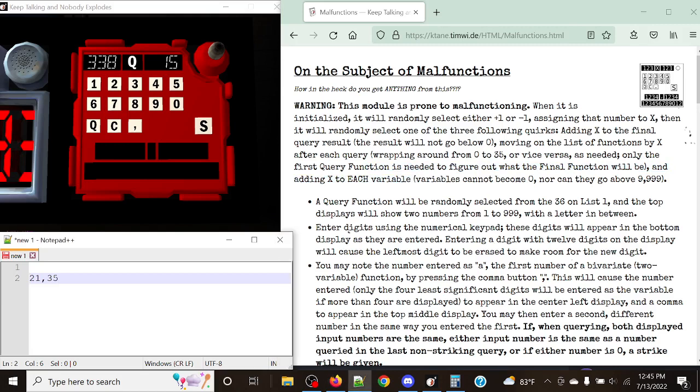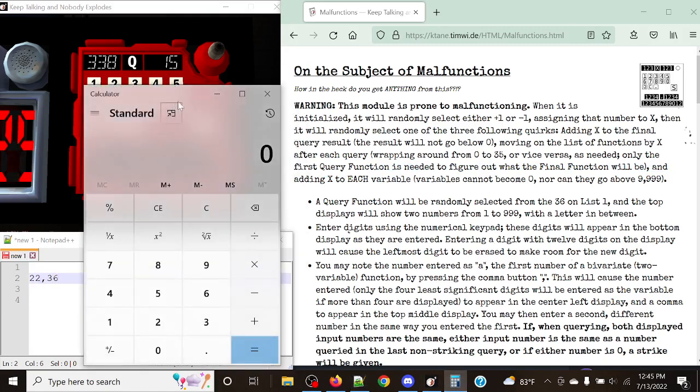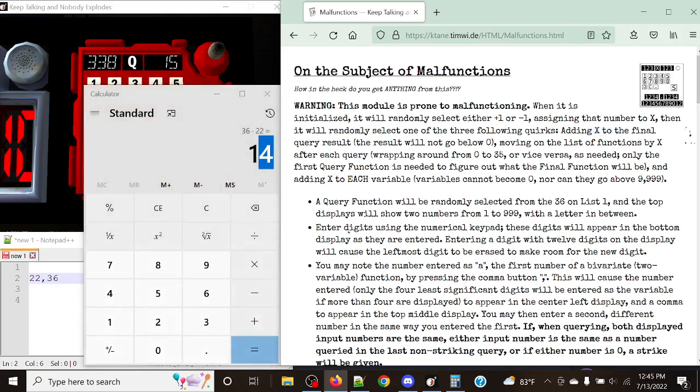It has the possibility of, for example, say this happens to be 22 by 36, and if it was the larger modulo smaller, 36 mod 22, it gives us the result of 14. What can also happen here is this could be simply 15 or 13, in this case adding x to the final query result. That's what's going to be happening here.